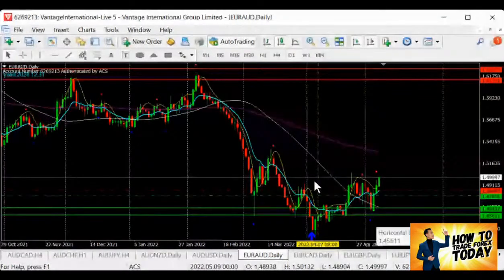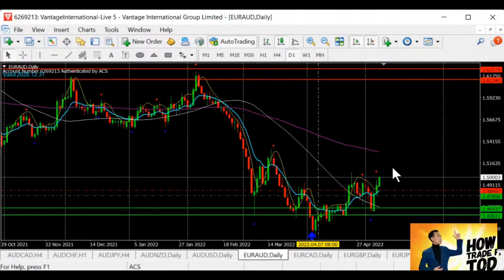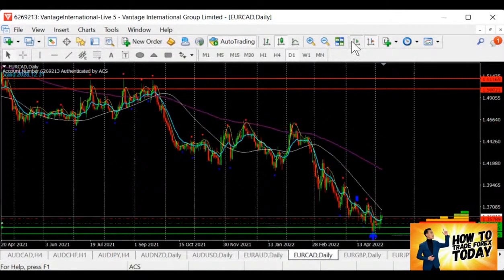It looks very clearly like an inverse head and shoulder, another inverse head and shoulder. So very likely, I guess tomorrow will be a clearer one that Euro Aussie is going to enter into the bullish market, into the bull and continue to buy. Buyers can take note, but sellers have to stay away. So how about EuroCAD?